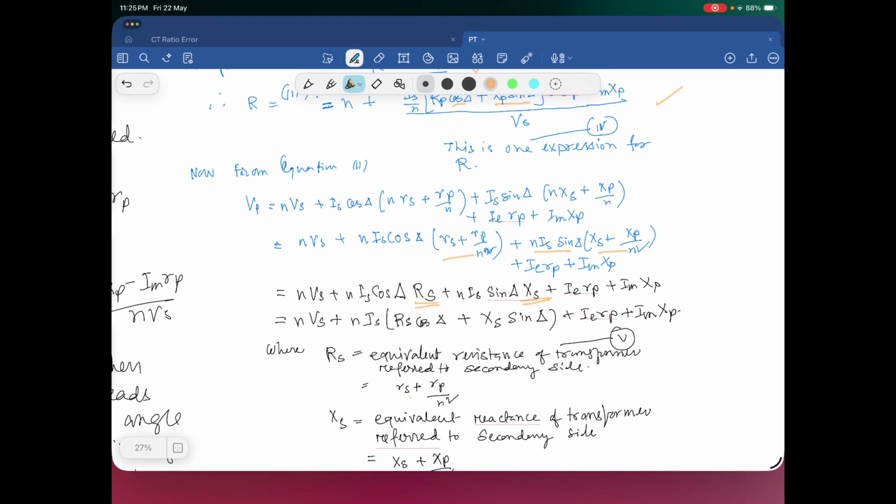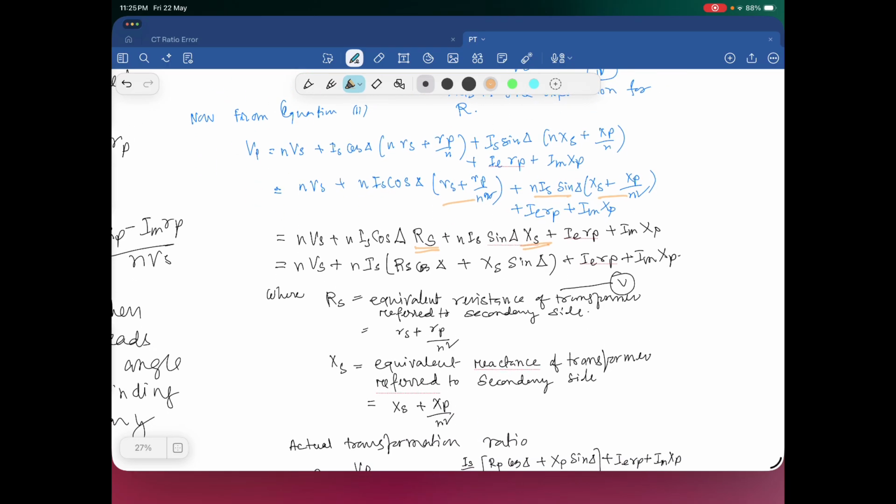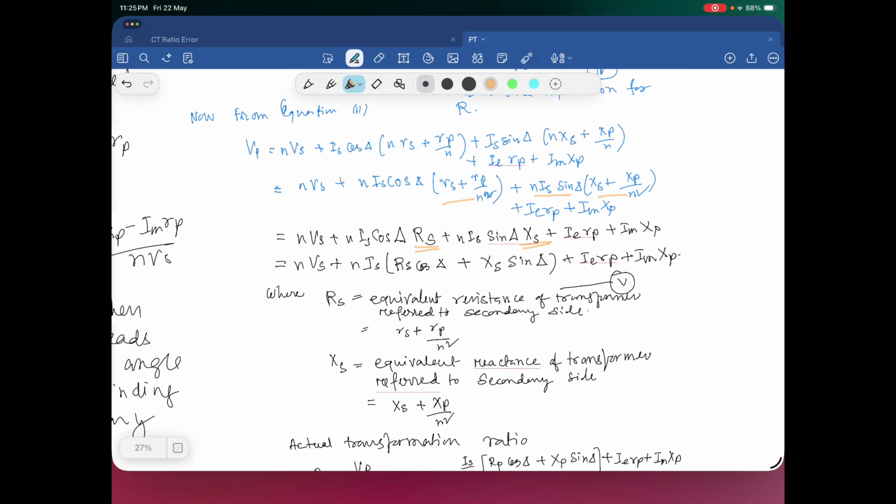So capital RS is equal to small rs plus RP by N square. Similarly, capital XS is equal to small xs plus XP by N square.